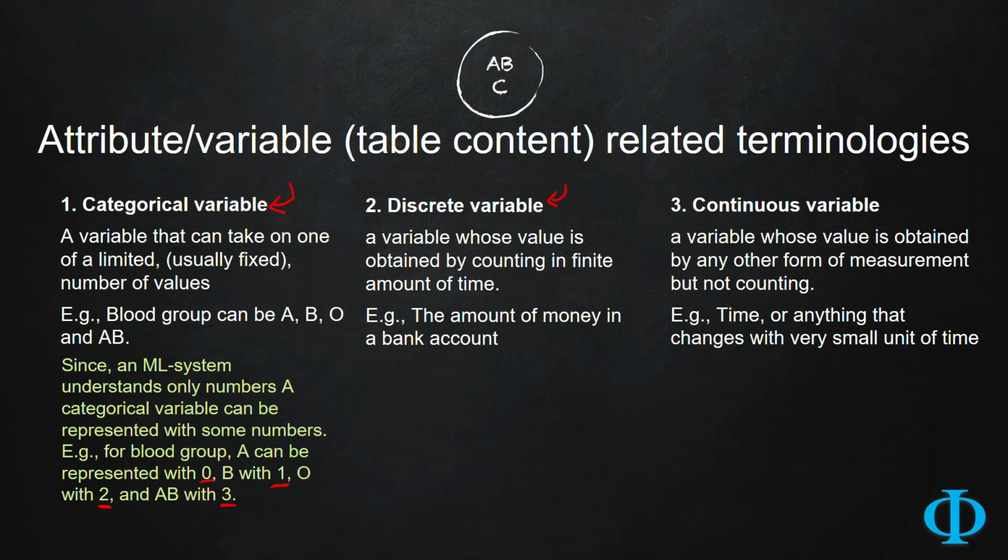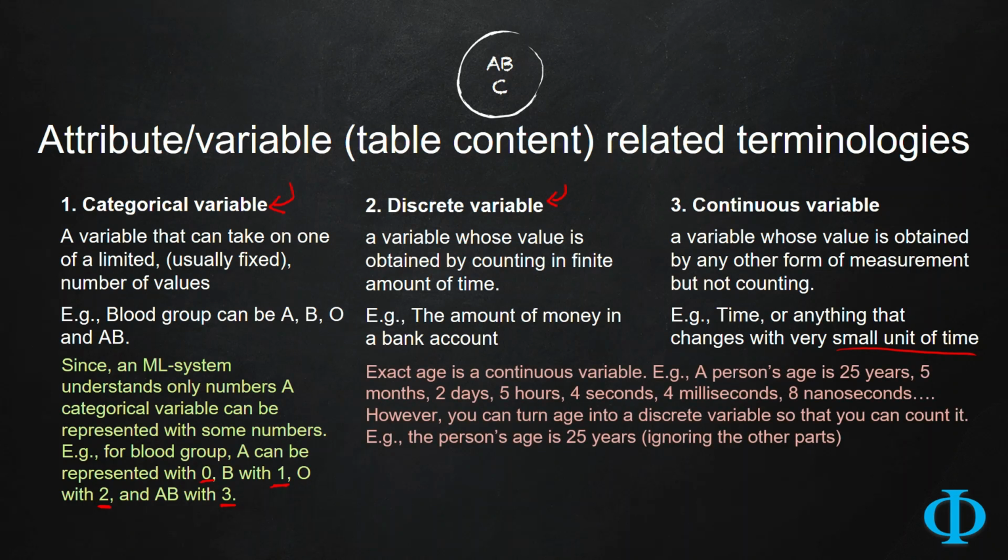An ideal example of a continuous variable is time, or anything that changes with a very small unit of time. They are an example of continuous variable. So here is an example. An exact age of a person is basically a continuous variable.